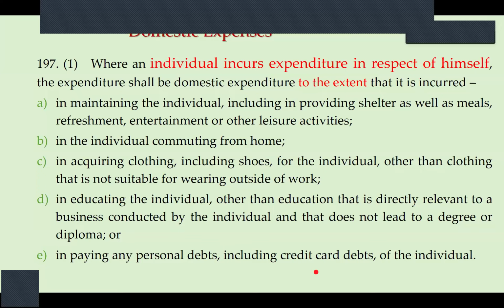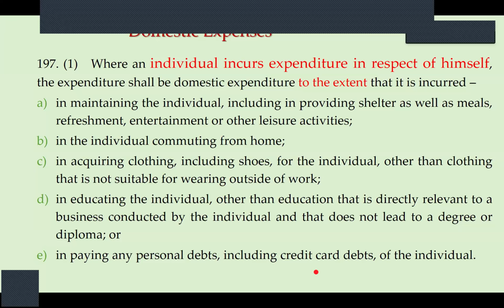So what expenditure can I incur in respect of myself? Expenditure for my shelter, my home and all my things in my home. Then my meals, entertainment, refreshment, everything. My traveling expenses, because that is also incurred for myself.